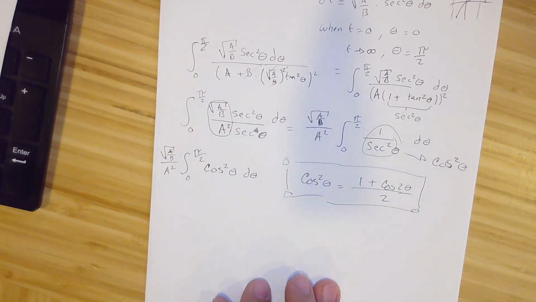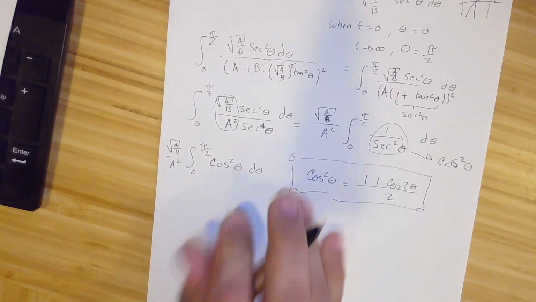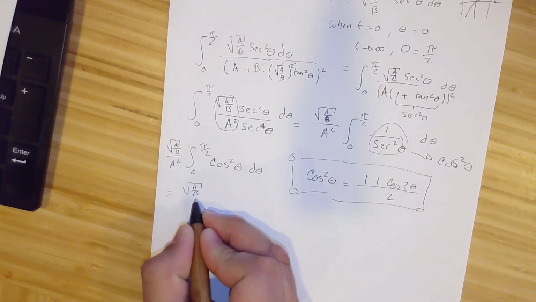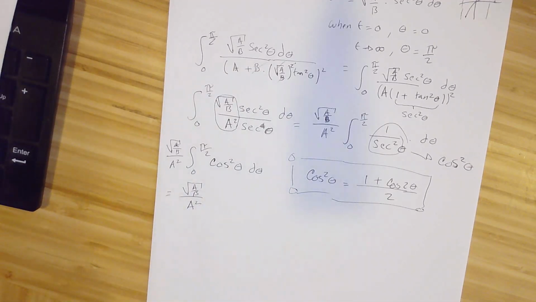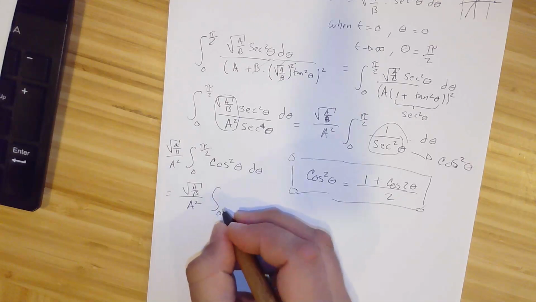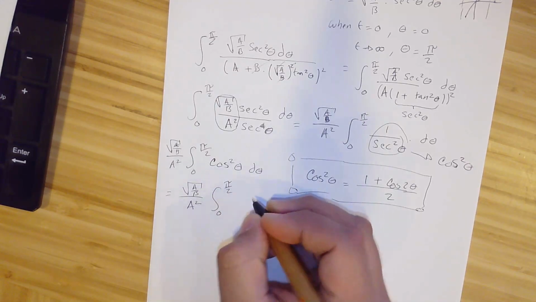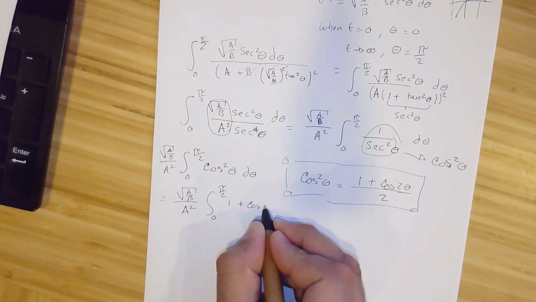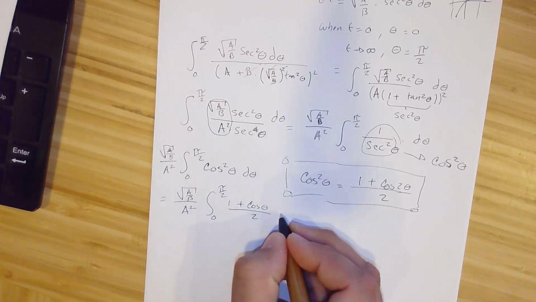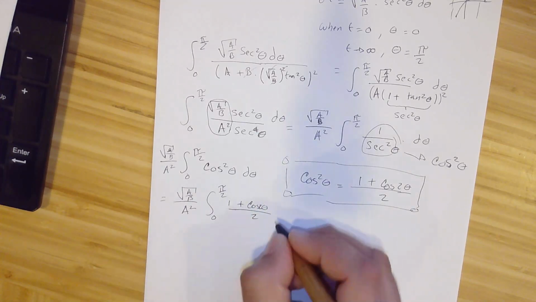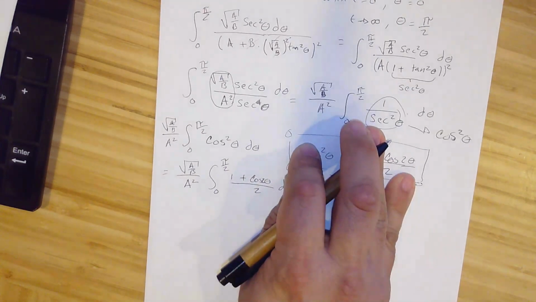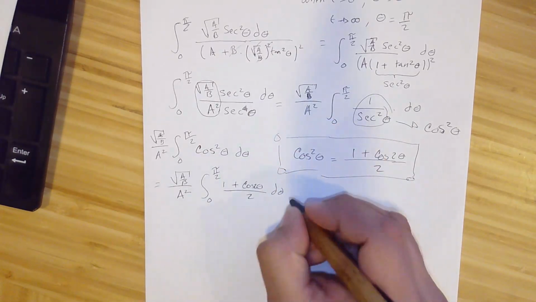We can include this in our integral, and we will have the square root of a over b, from 0 to pi over 2 of 1 plus cosine of the double angle over 2, by the derivative. And we can split this into different integrals, right?